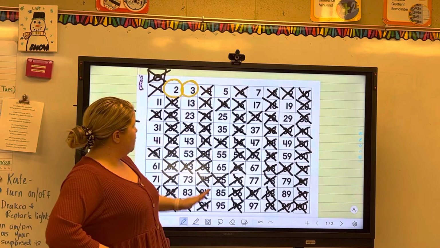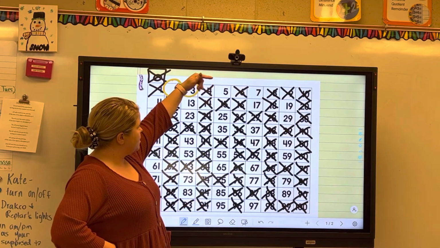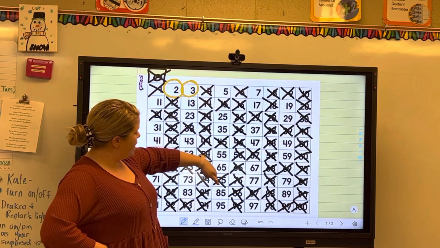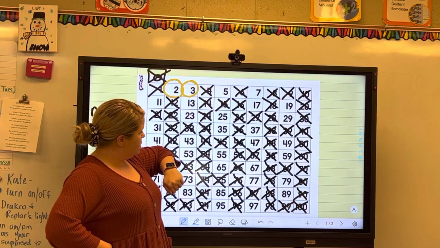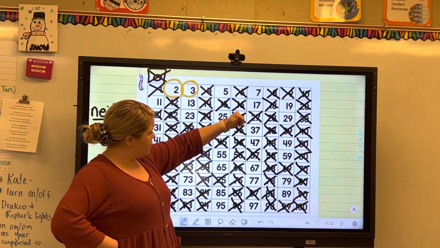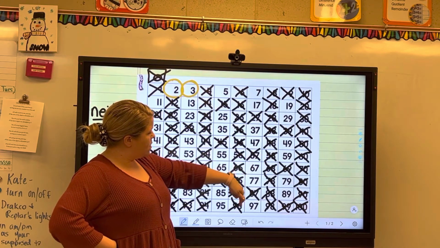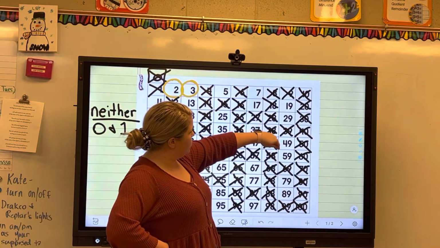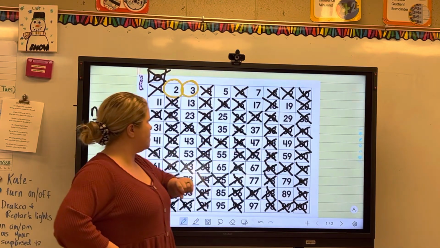And then all your 4s are marked off. So 5s, I should have 5, 25, 35, 55, 65, 85, 95. 7s, I should have 7, 17, 37, 47, 67, 77, and 97. And then my 9s, 19, 29, 49, 59, 79, 89.